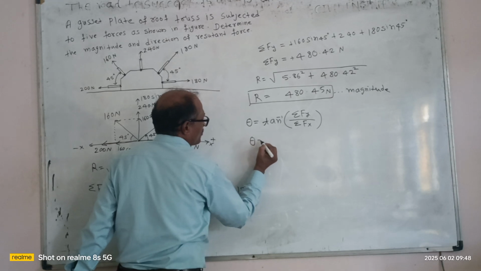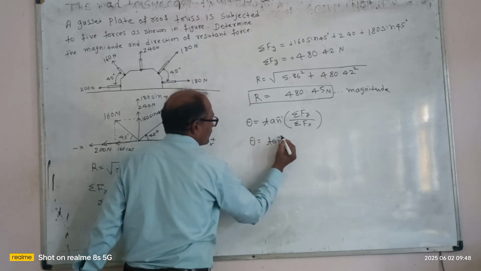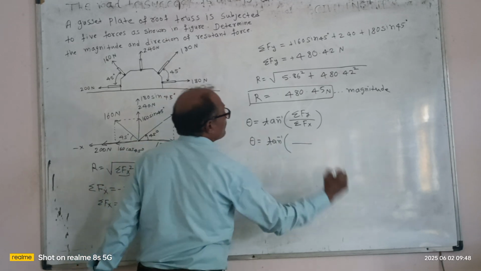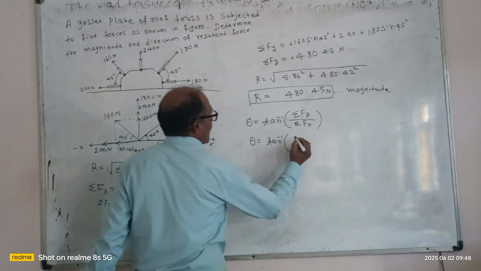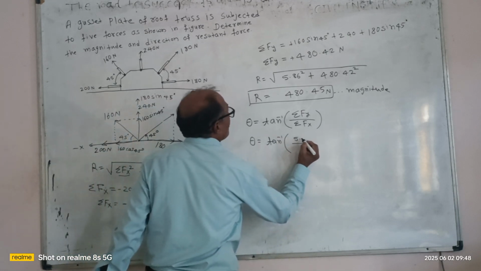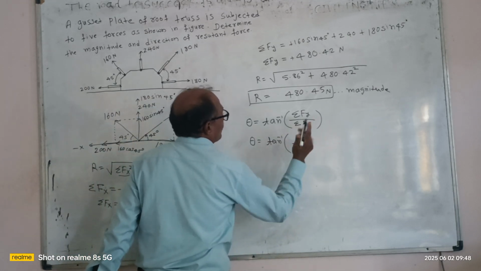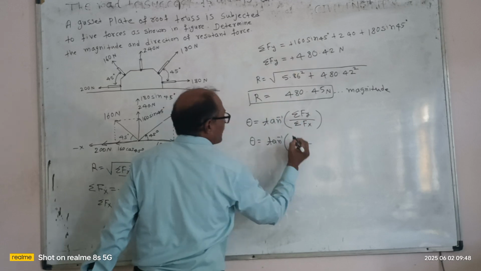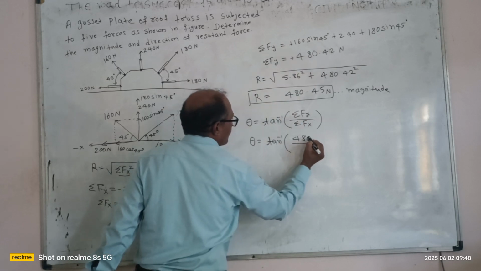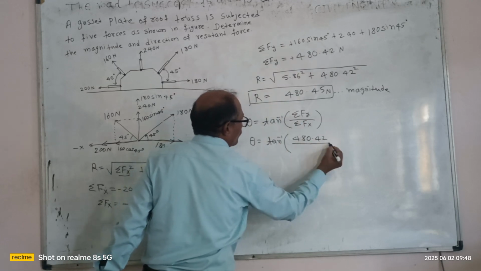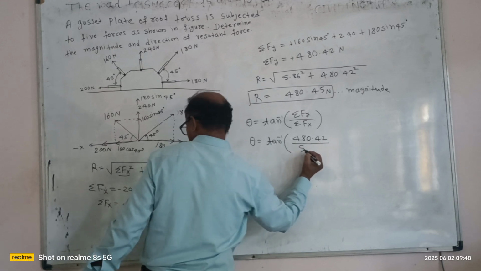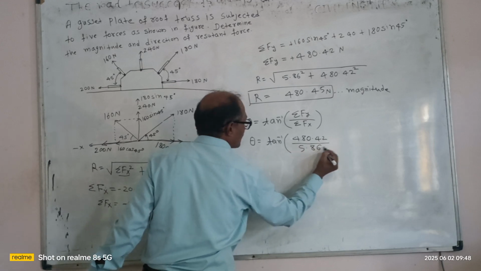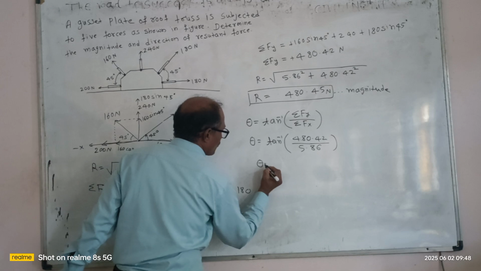So theta is equal to tan inverse of 480.42 divided by 5.86.